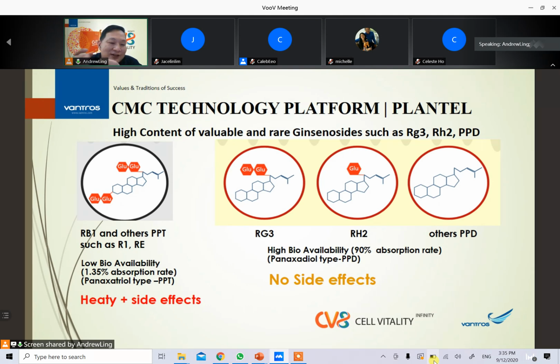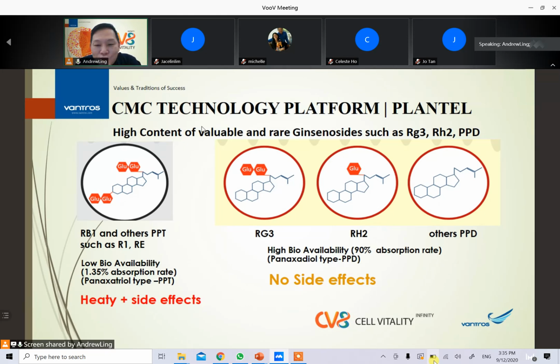These are the most common ginsenosides, and the downside is that if you take too much of them, they will have certain side effects like heatiness. But through this technology, we are able to get rid of all those common ginsenosides which produce the side effects.